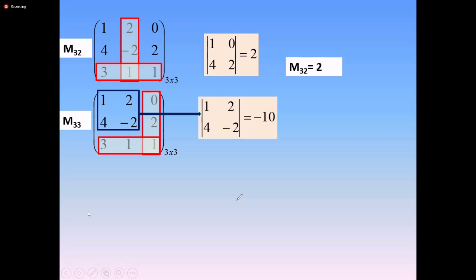Main diagonal product minus 2 by 4. Then 1 multiplied by minus 2 is minus 2. 2 by 4 is 8, because of this minus sign, minus 8. Then minus 10.